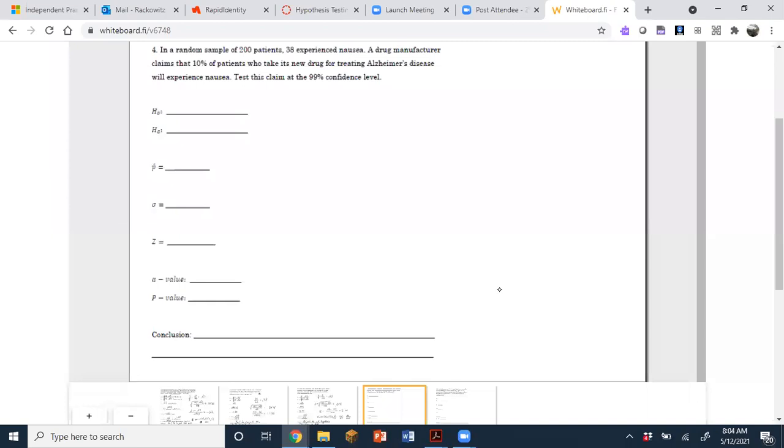So H A is what the claim is. Like the drug manufacturer claims that only 10% of patients who take the new drug experience nausea. So the H 0, which is the null hypothesis, is always equal. The probability is equal to whatever they claim, 10%. Alternate hypothesis is whoever's doing the study saying this is too low or too high. And he did 200 patients, 38 out of the 200 experienced nausea.